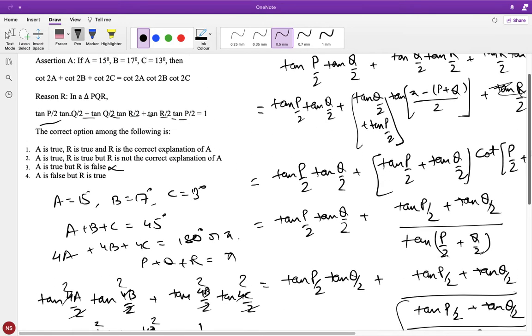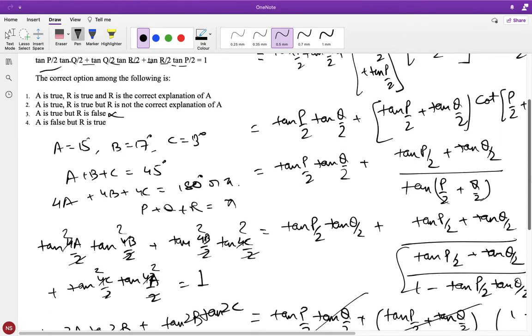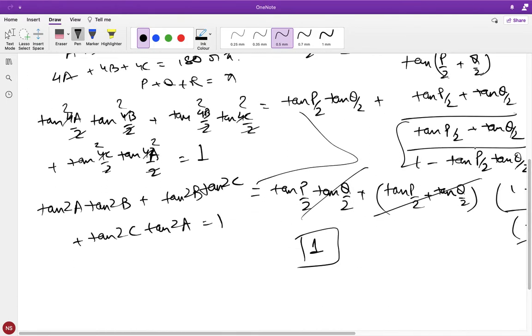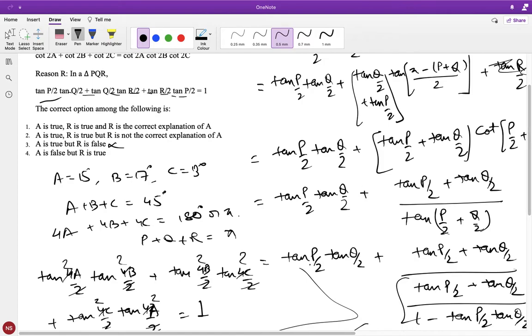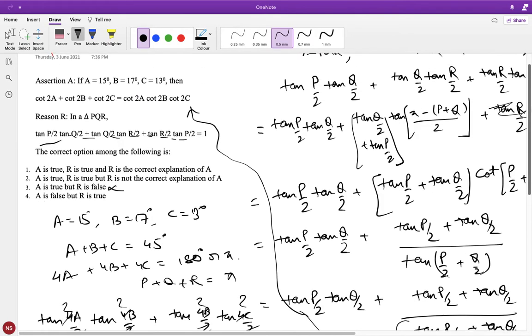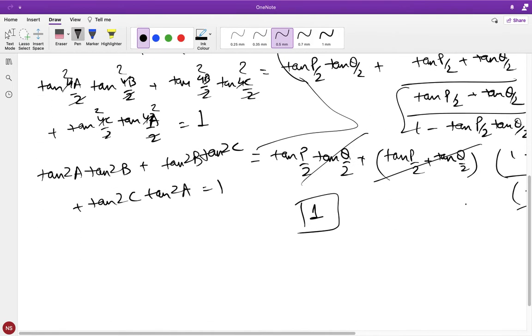Now we want to see whether this can lead to this, right? Yes, it can. Just divide this whole thing by tan 2A, tan 2B, tan 2C.